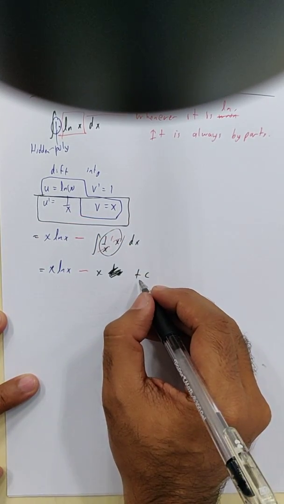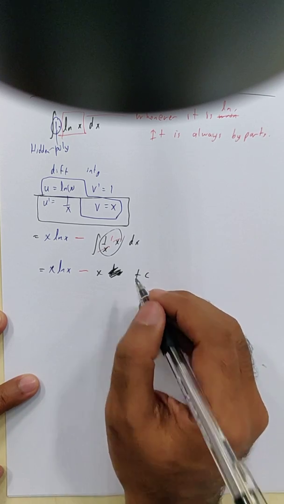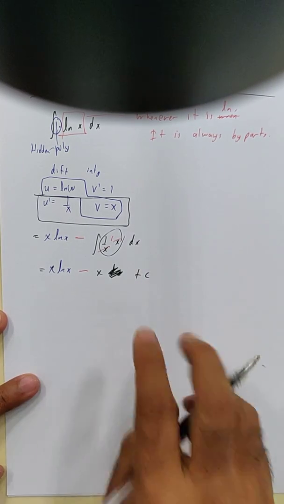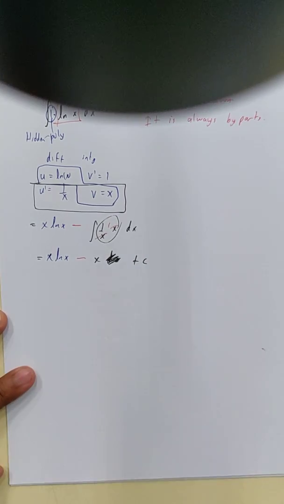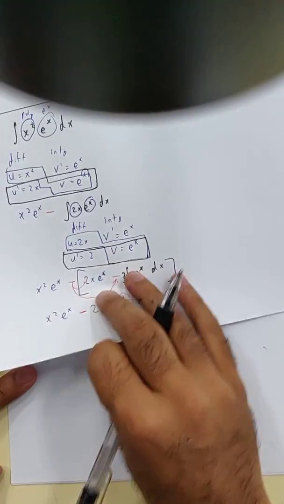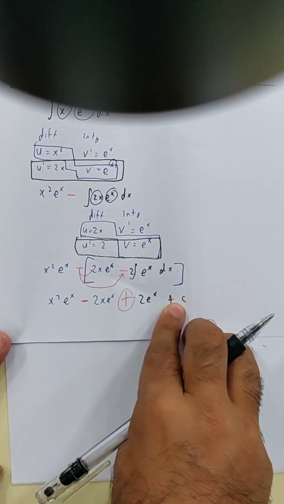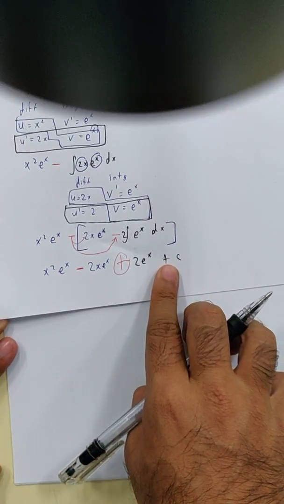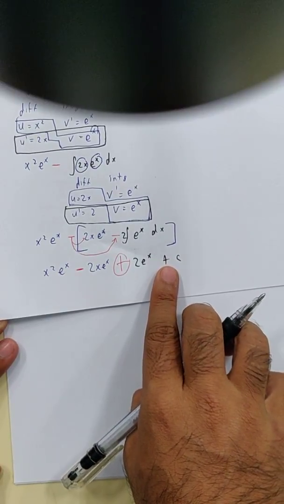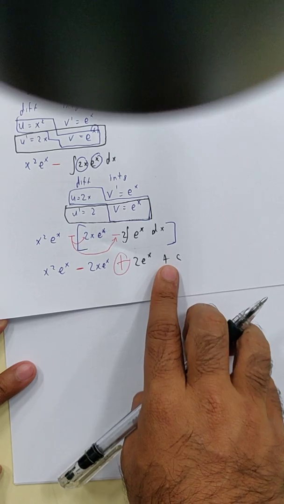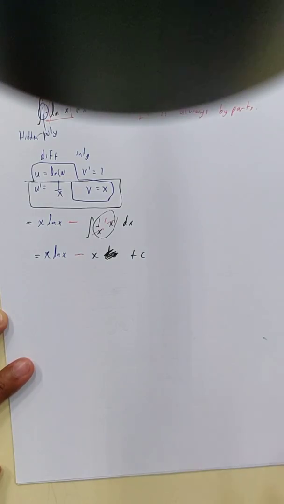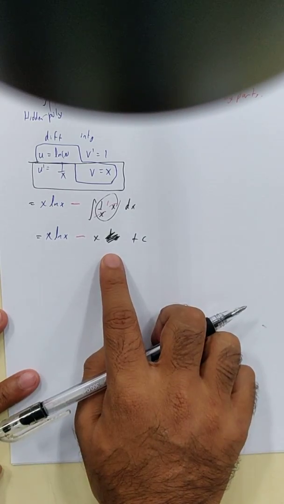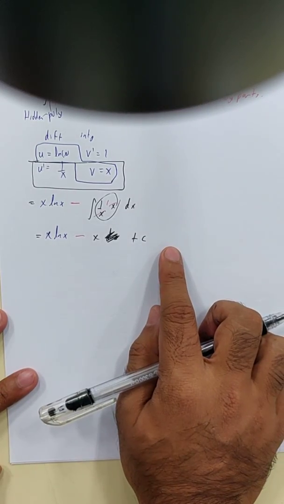I got some people say, should it be minus c, sir? Well, let's go to our example just now. This one here, should it not be minus c, sir? Because c is a constant, so it does not matter minus or plus. Normally we put plus to avoid confusion. Okay? Are you okay with this?